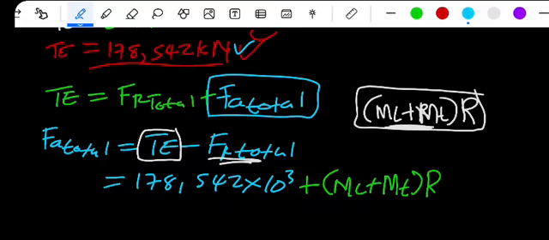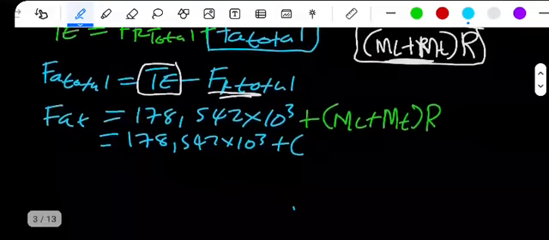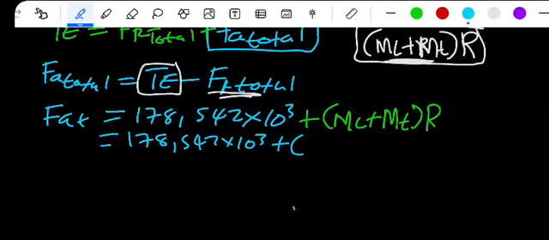So we have our FA total: 178,542 times 10 to the power of 3 plus the mass of the locomotive. Mass only, remember, we've been given 65 and 400. Check the note, this was in tons.